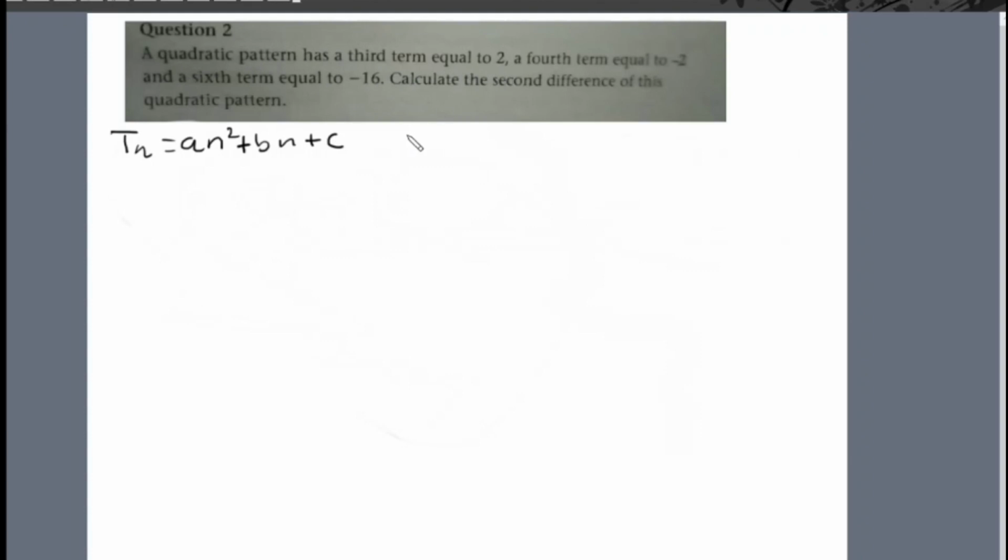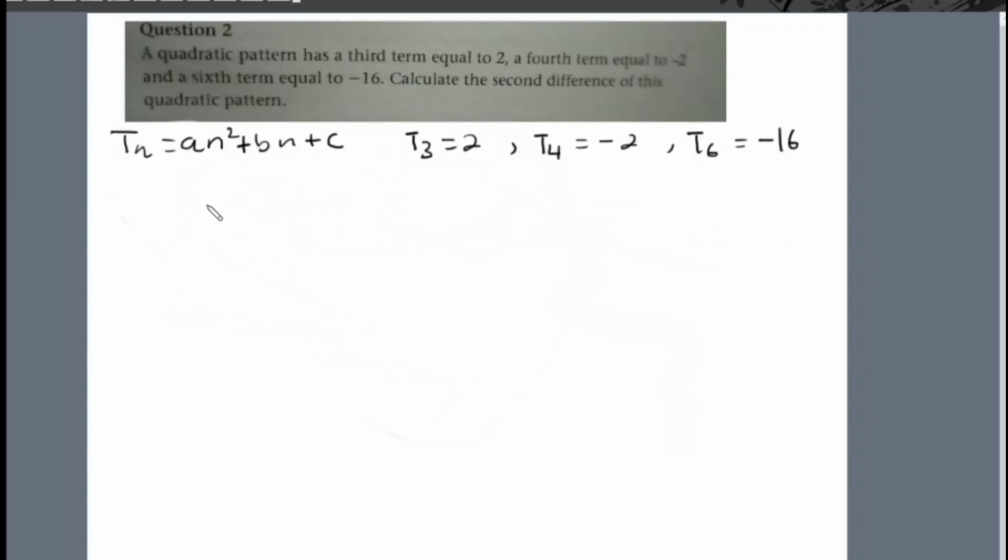So lokho ngitshela ukuthi T3 is equals to 2. And a fourth term equal to -2. Lokho kungitshela ukuthi T4 is equals to -2. And a sixth term equal to -16. Lokho kungitshela ukuthi T6 is equals to -16. Right? So bathi calculate the second difference of this quadratic pattern.